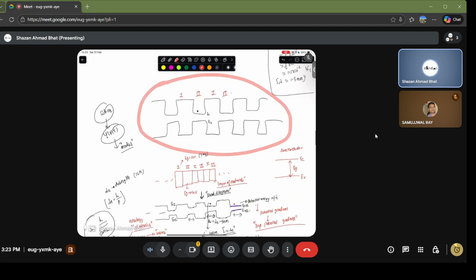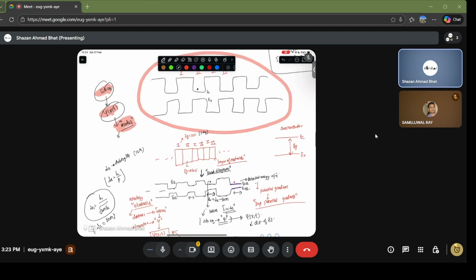But the solution which comes from solving the Schrodinger equation gives the wave function, which gives you different modes, which are basically the supported electron waves in the graded potential. It is exactly the same.